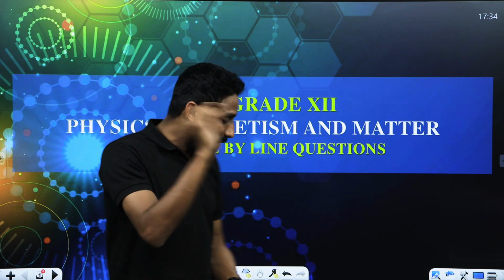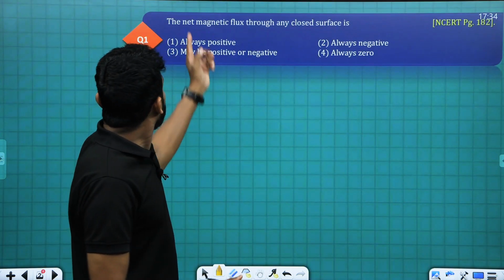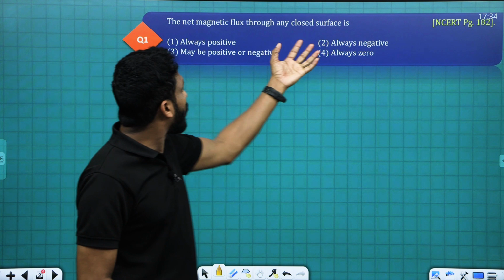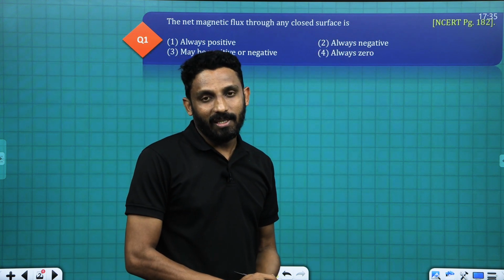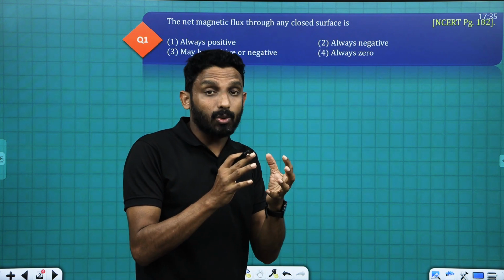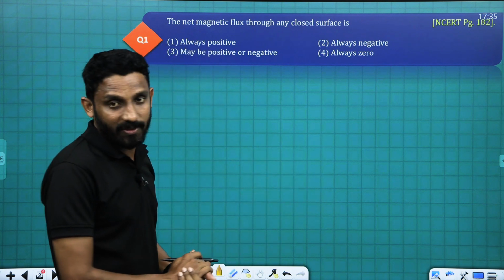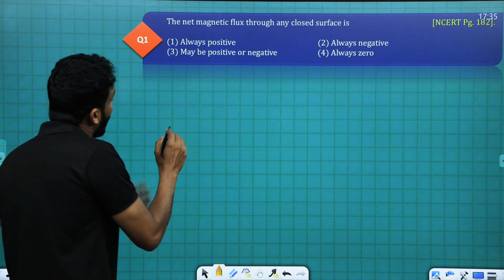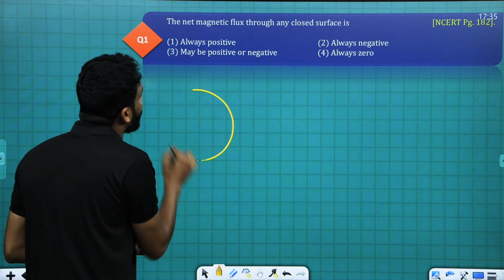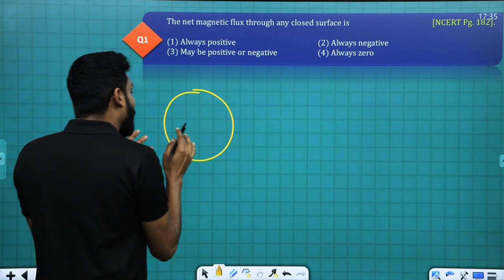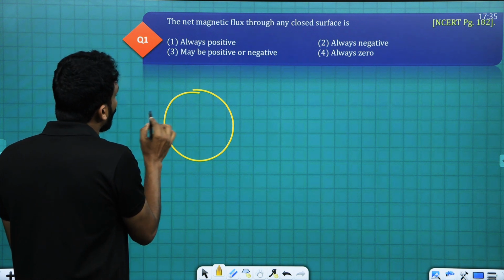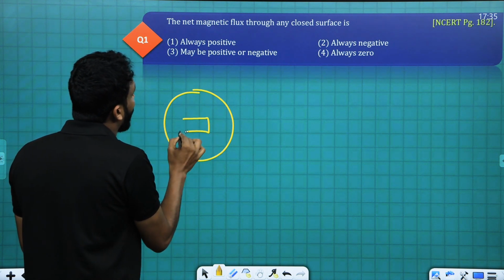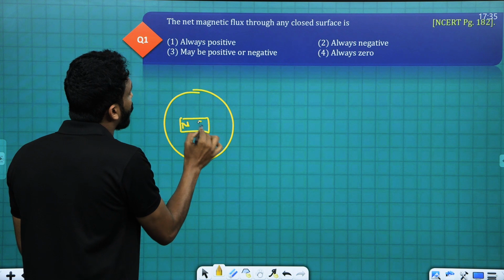The first question: the net magnetic flux through any closed surface is... Suppose a closed surface is there, and a bar magnet is placed with north pole and south pole.